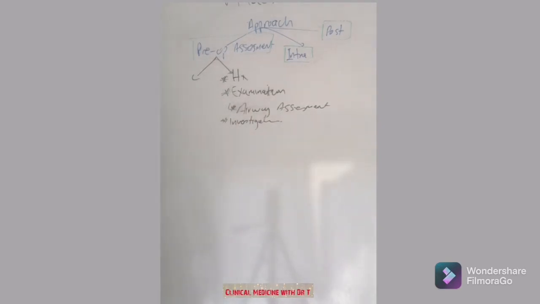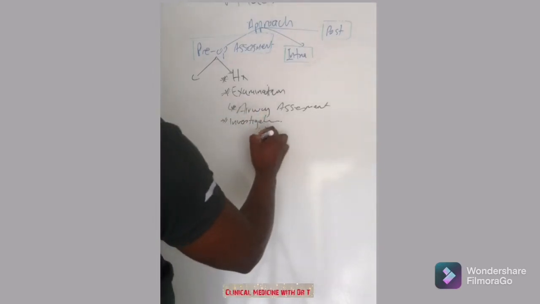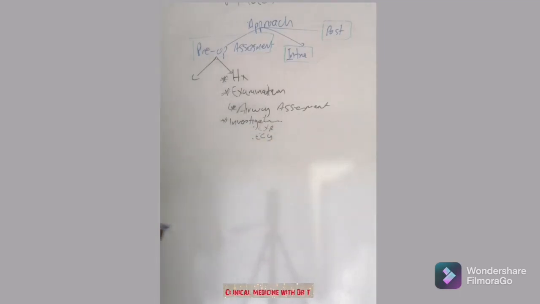When it comes to investigations, if you have done your history and examination and you feel that this patient maybe needs a chest x-ray before they go to theater, they need an ECG, whatever investigation that you want, as long as it makes sense and it's indicated and you think it's important, as long as it's an elective procedure, it's okay.